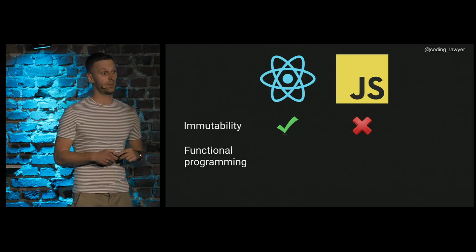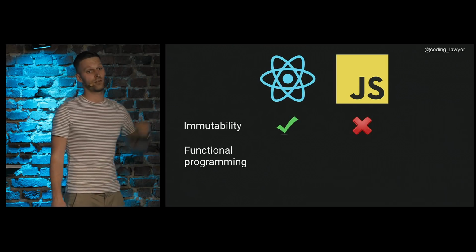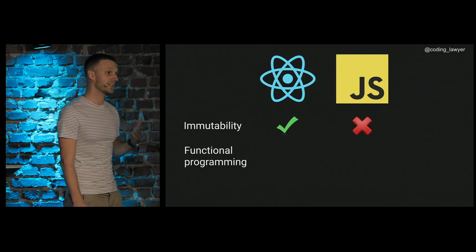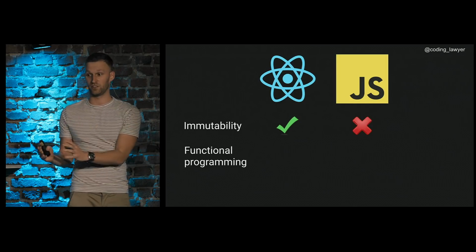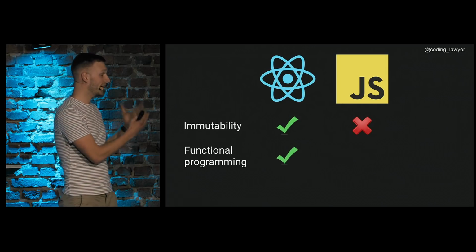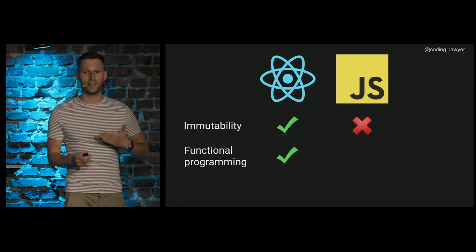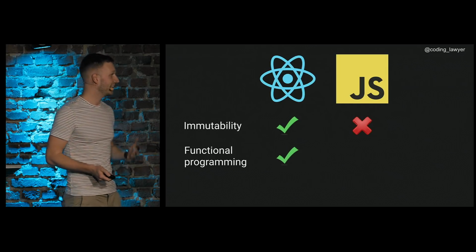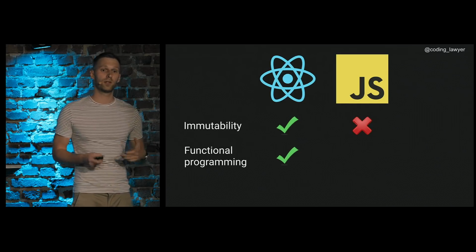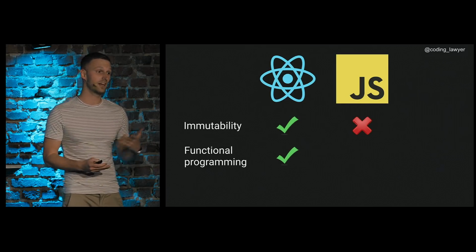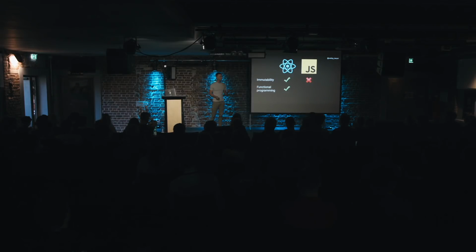Functional programming principles. React is based on functional programming. I mean, React applications are composition of functions. On the other hand, JavaScript, although it has some functional programming features, is not a functional programming language. Because if you really want to write some nice declarative JavaScript code, you need to, again, use external libraries, Ramda or Lodash-FP. Finally, type system.